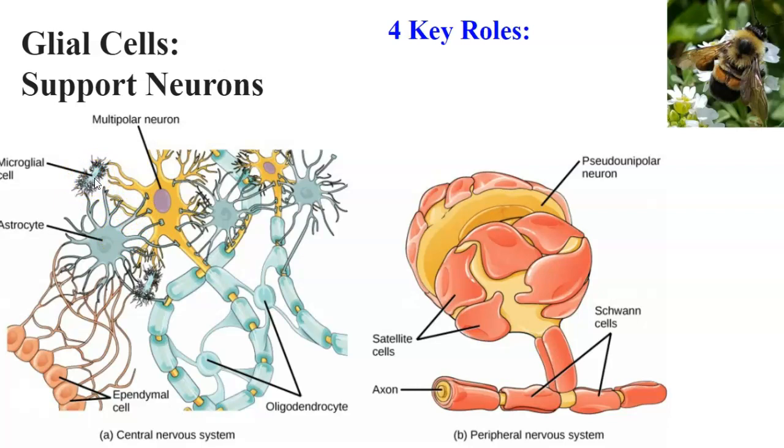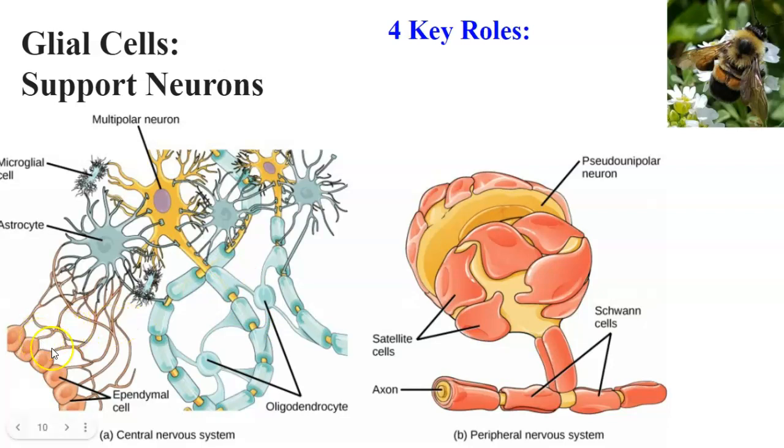So their job is to make sure that nothing infectious can hurt brain cells. And then these oligodendrocytes also wrap around axons of central nervous system cells and help facilitate or speed up nerve conduction, but also give physical structural support.